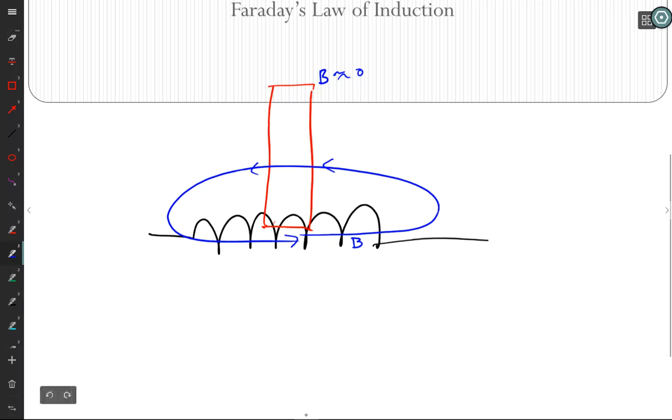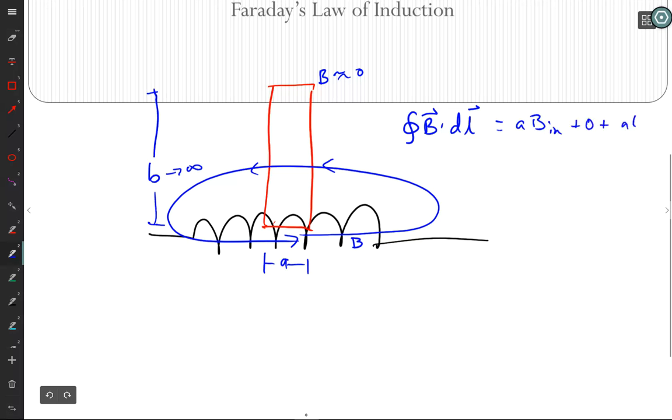And so in that case, let me call it A. I put 0 for the two sides because they're perpendicular. And then A times 0 because the magnetic field is approximately 0 out at the end.